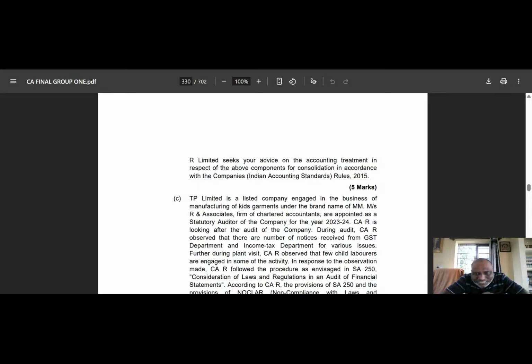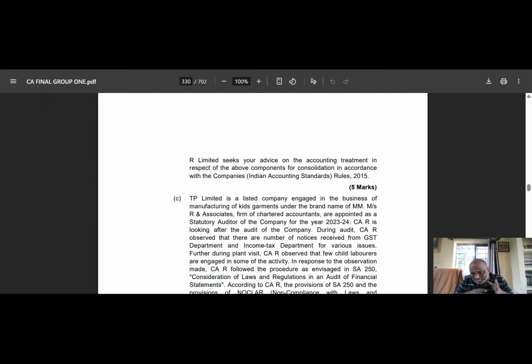Goodwill, capital reserve or gain on bargain purchase, and non-controlling interest are determined as per Ind AS 103. The business combination involving entities under common control shall be accounted for using the pooling of interest method in accordance with Ind AS 103.